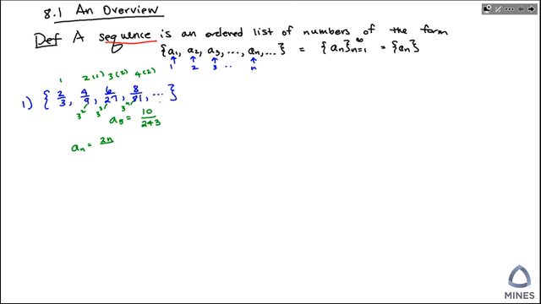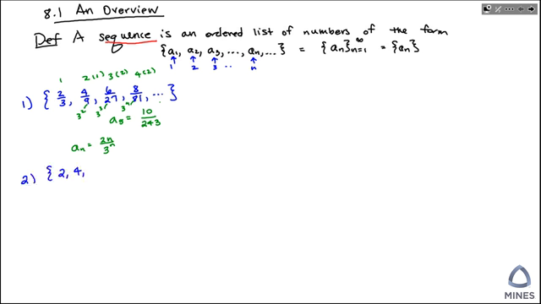We already saw the denominators have the form 3, 3 squared, 3 cubed, etc. So the denominator of the nth term should be 3 to the n. Thus the formula a_n equals 2n over 3^n seems correct. Of course, we can always check it by plugging in n equals 1, 2, 3, 4, etc. to make sure it matches the terms we have here.